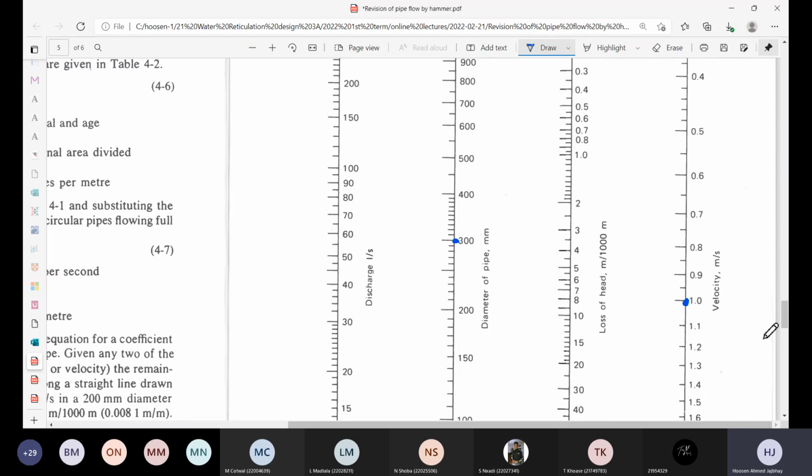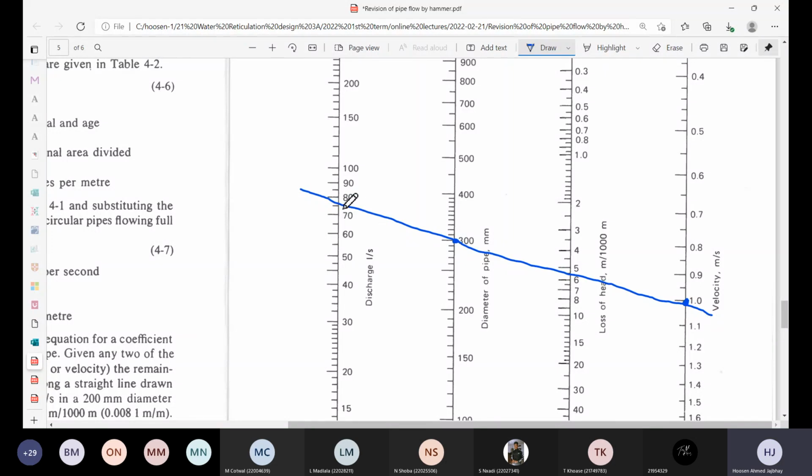So you take a ruler. With the equipment I have, I can't actually draw a straight line on the screen, so I'm just going to use my mouse, and it's not going to be that straight, but you'll get the idea. You take your ruler and draw a straight line across like that, through that, and see where it crosses the two remaining axes.